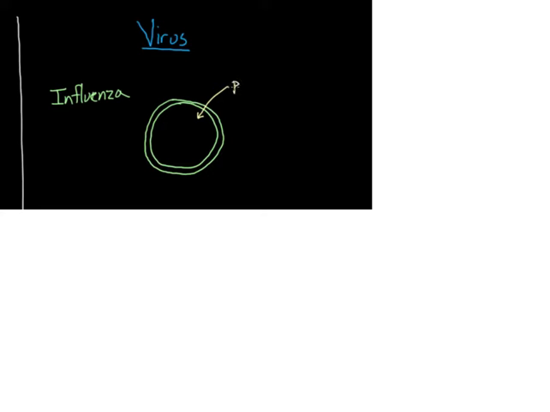And I'm going to draw out the RNA just so you can see it. I'm going to use two different colors. So let's use a purple color here. And one important thing about this RNA is that it's broken up into little pieces, the way I'm drawing it here. So it's got some purple chunks, and let's draw some yellow chunks of RNA as well. And this RNA, of course, is, as I said, genetic material, so it's going to be coding for proteins.